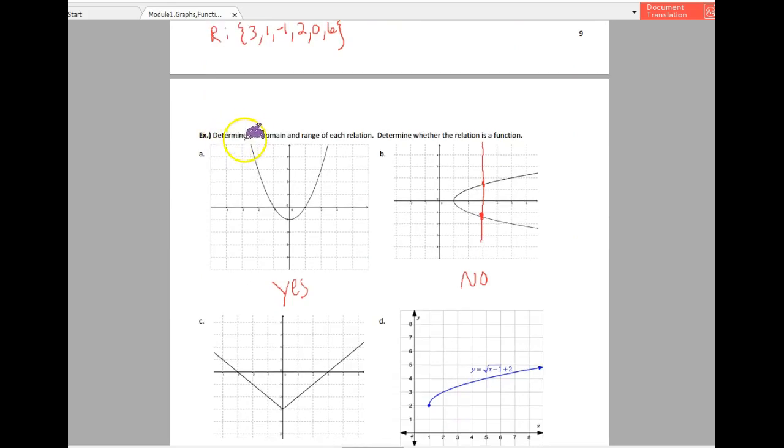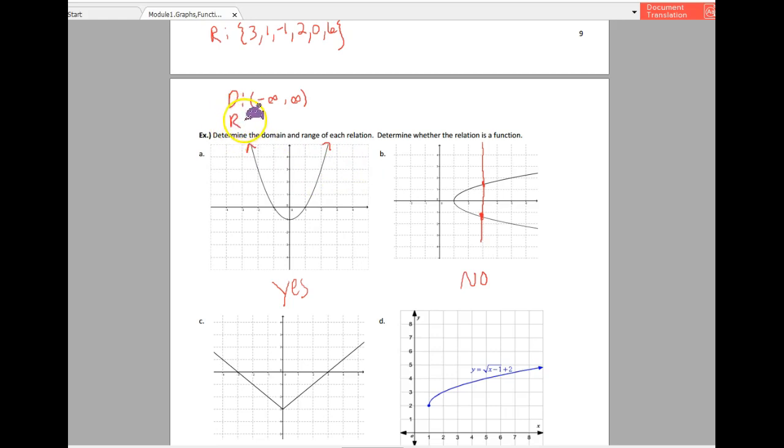Okay, so here I have an x squared function, quadratic, parabola, and I want to list the domain and range. So the domain, again, is how far left and right. If I imagine this picture continuing left and right forever, it's going to get wider and wider, so it's going to go left forever and right forever. The domain is everything, -infinity up to infinity.